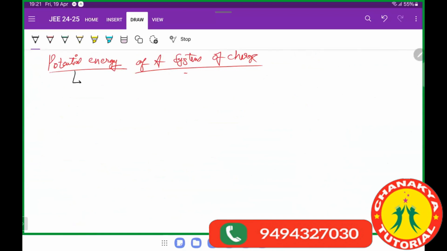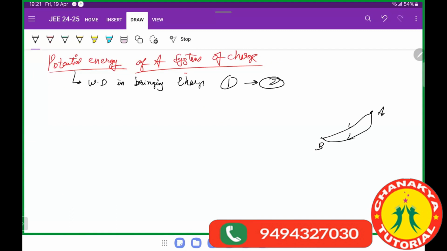So let's say a little bit of work done in bringing a charge from one point to another point. Suppose this is one point B here, and it's coming from A, something like that. It can be moved this way or this way. There are two ways of going.